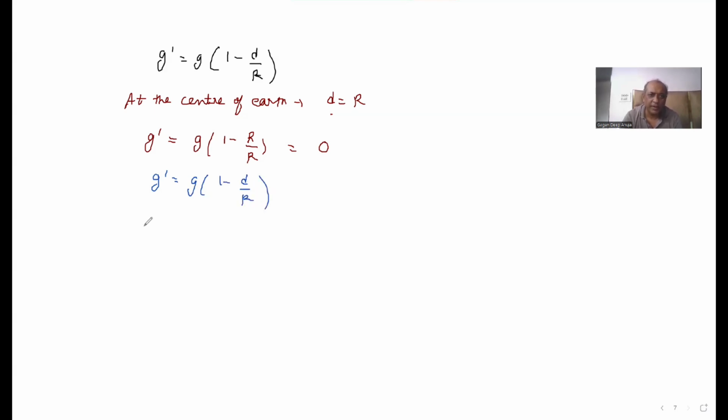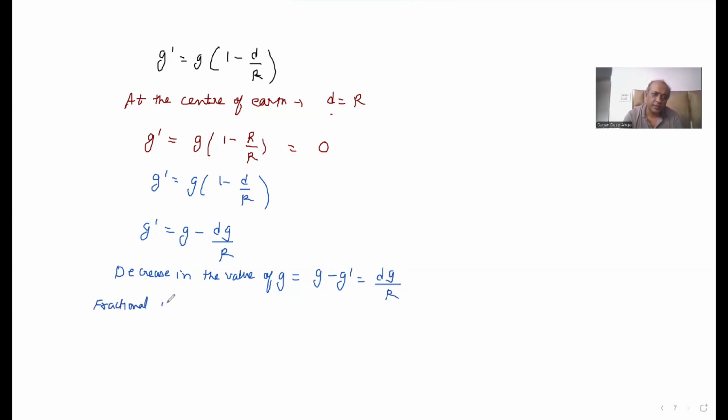If I open this bracket, what I get is g dash is equal to g minus dg by R. If I want to find the decrease in the value of g, that will be equal to g minus g dash, and g minus g dash will be equal to dg by R. And if I find the fractional decrease in the value of g, fractional decrease will be equal to (g minus g dash) divided by g, which is equal to d by R.